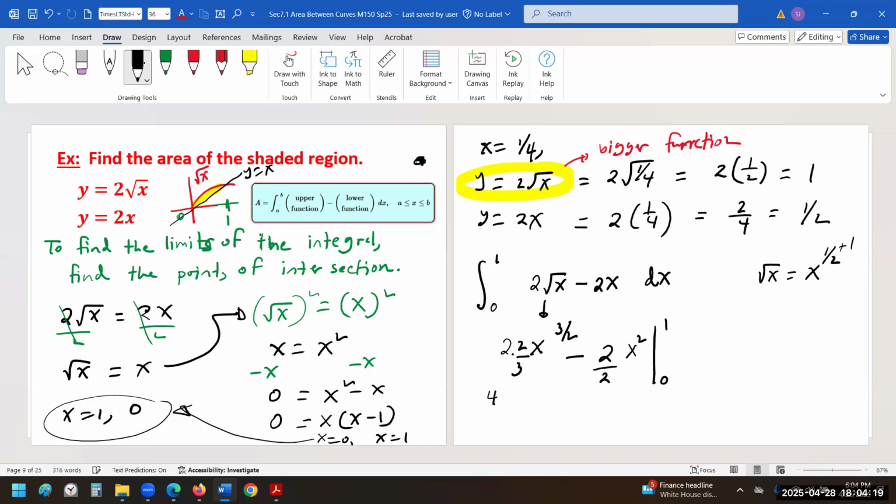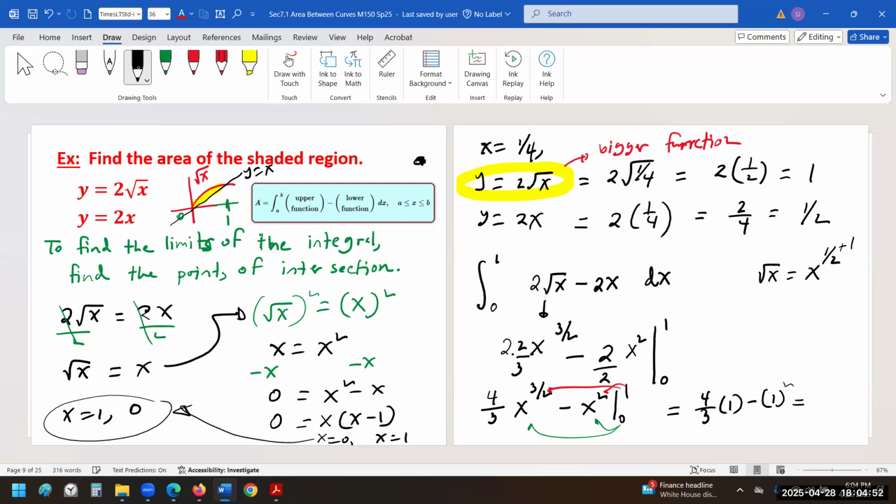So in other words, we have 4/3 x to the 3/2 minus x squared from 0 to 1. Again, when x is 0, everything becomes 0. And when x is 1, we get 4/3 times 1 minus 1 squared.